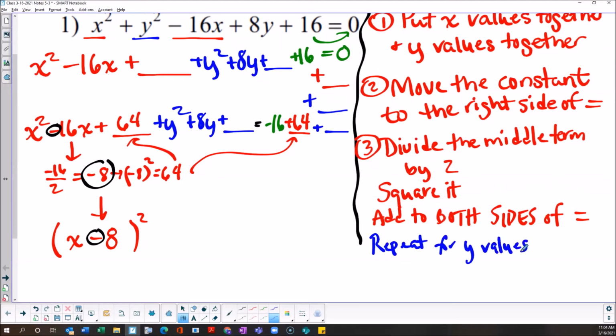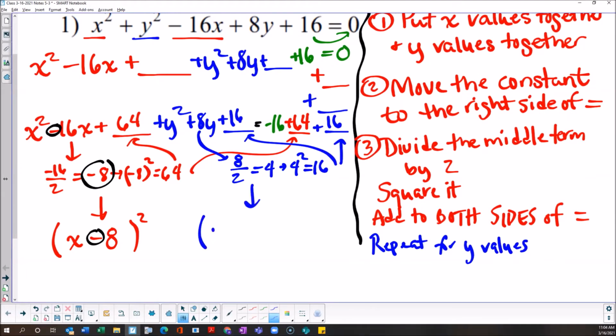So now I'm going to get my middle term for the y value, 8, divided by 2, I get 4. I'm going to square it, I get 16, and I'm going to add it to both sides of the equation. Okay? And then I can go ahead and write it down here.